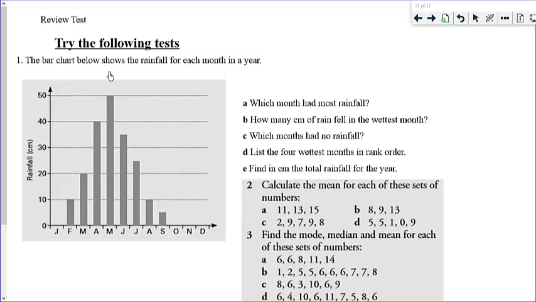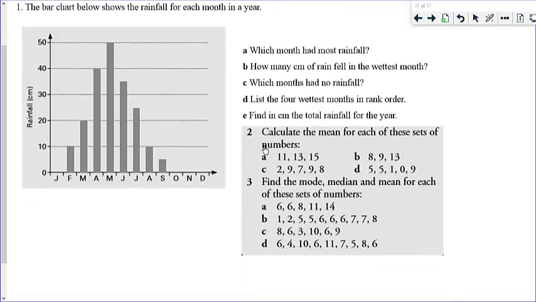The bar chart below shows the rainfall for each month in a year. So you're supposed to answer the following questions based on the chart. Then also find the mode, median, and mean for each of these sets of numbers.